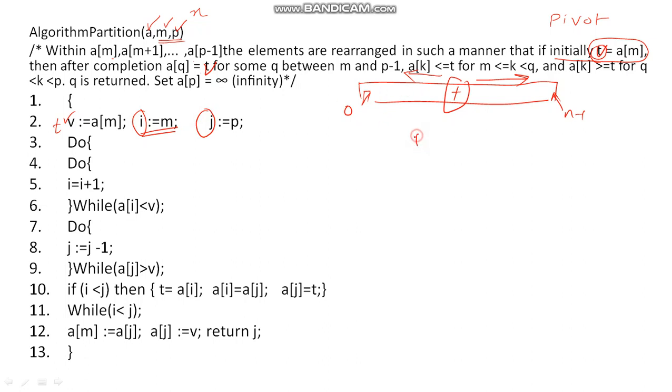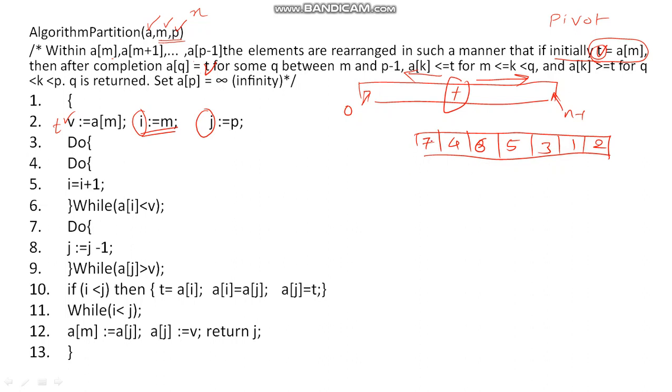Let us consider an actual practical example. Let us consider there are 7 elements: 7, 4, 2, 6, 5, 1, 3. These are the 7 elements that I have in my array.